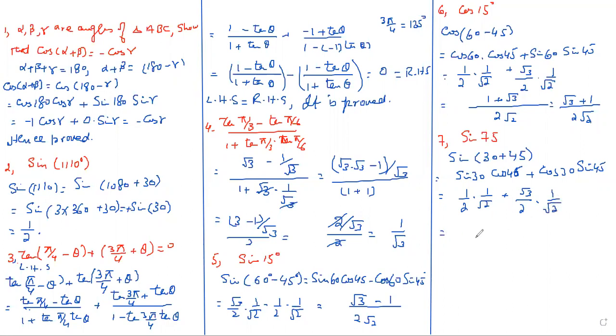So 2 root 2 is the LCM, and we are left with 1 plus root 3, or we may write root 3 plus 1 divided by 2 root 2. This is our final answer.